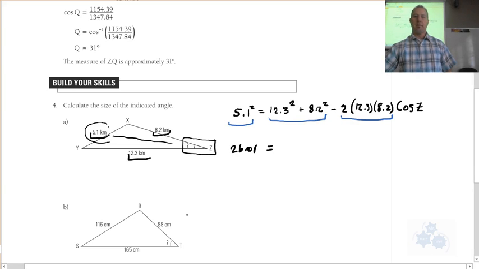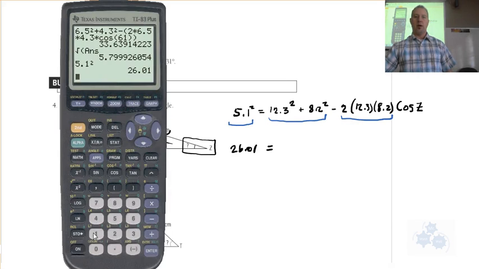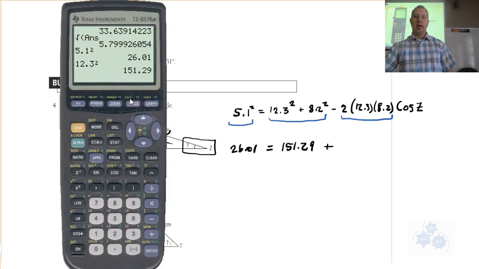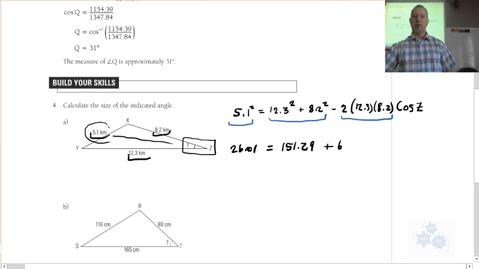Then 12.3 squared is going to be 151.29. You see what I'm doing? 8.2 squared, 67.24.